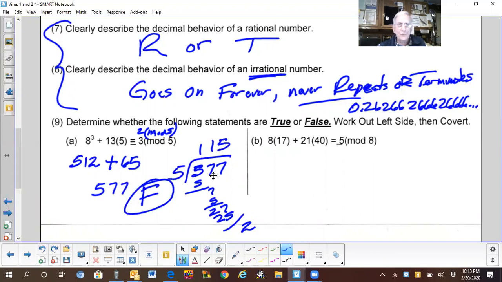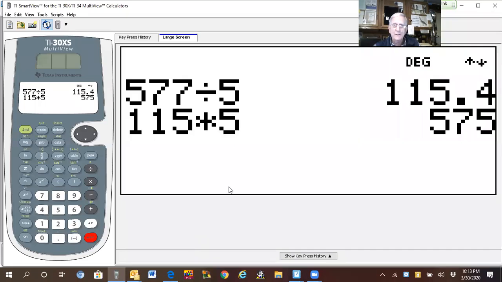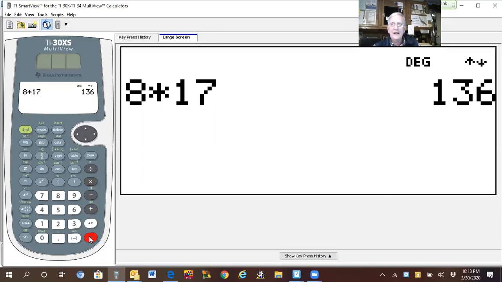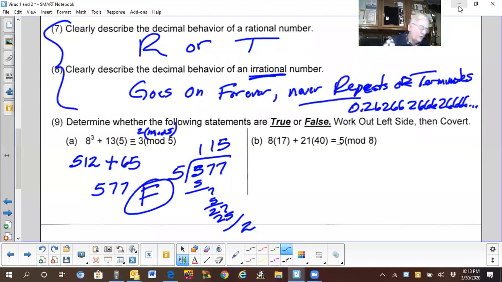Okay, let's tackle letter B. All right, so I'm going to first on my calculator multiply 8 times 17. So over here, I'm going to do 8 times 17. I got 136. So I'm going to put 136 down here.